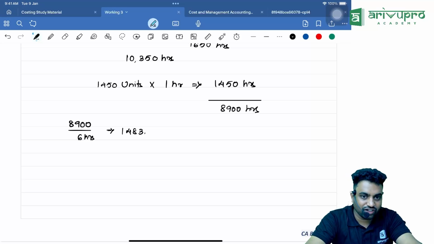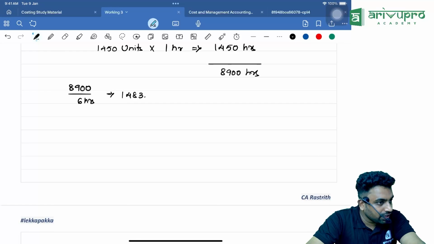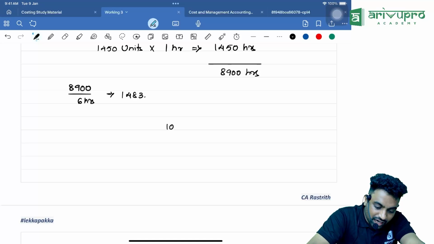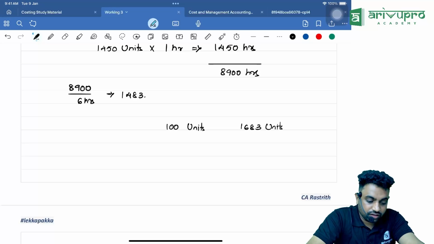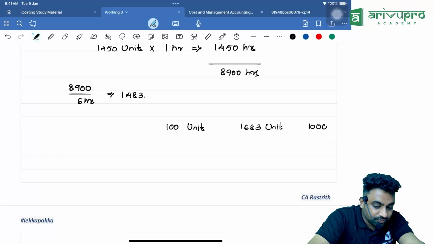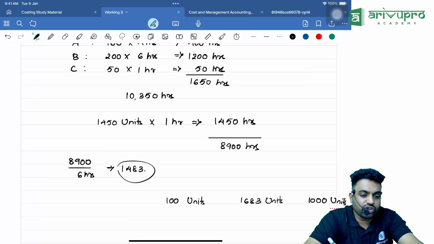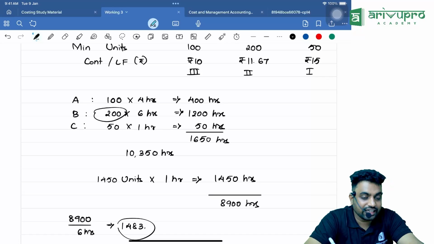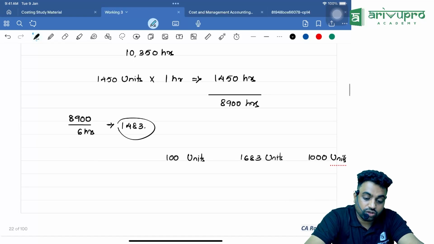How much is required for demand? Now, our production should be A, 100 units, B, 1683 units, C, 1000 units. 1483 here, 200 here, 1500.